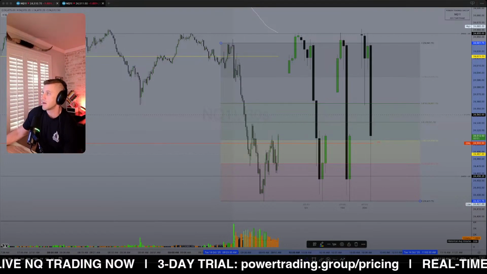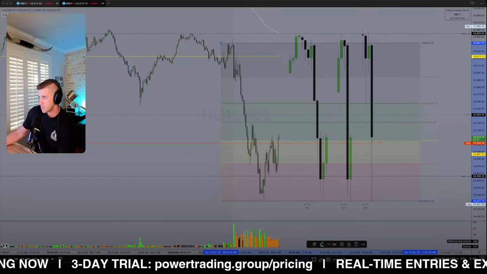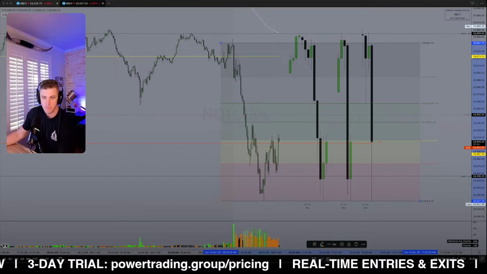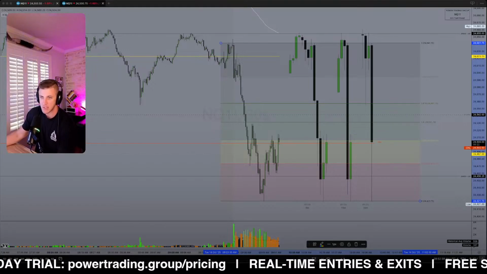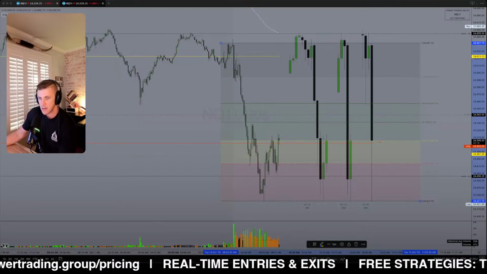There we go. That's looking better. Up through overnight low. RTY's up into session highs. You got ES holding on to overnight low as well.